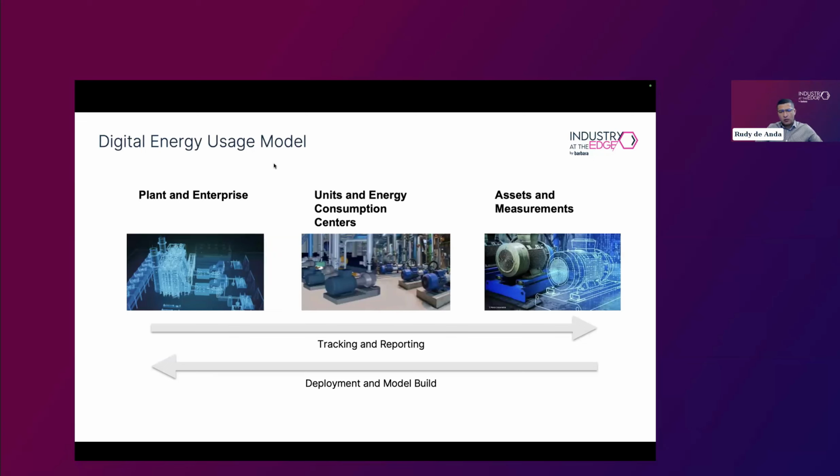And I'll begin with the concept as we look left to right on this chart, the concept that most of us have either plant or enterprise-wide goals. And those goals then need to be implemented all the way down into field devices. In this case, we knew that we wanted to reduce energy by 2% per megawatt hour per metric ton of product that we shipped year over year for 10 years.